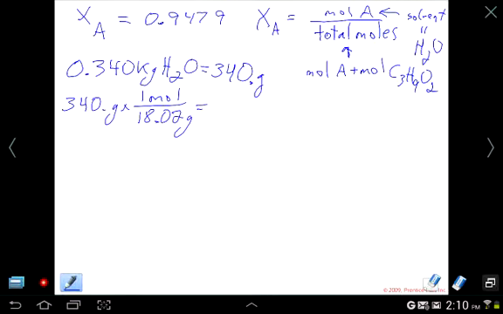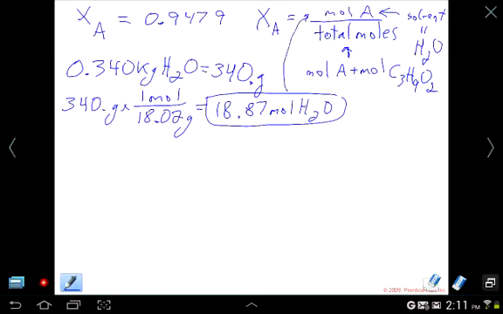So converting from grams to moles, 340 divided by 18.02 gives us 18.87 moles of water. So this is the value that will go in the top portion of our mole fraction. So here's how our equation will be set up.